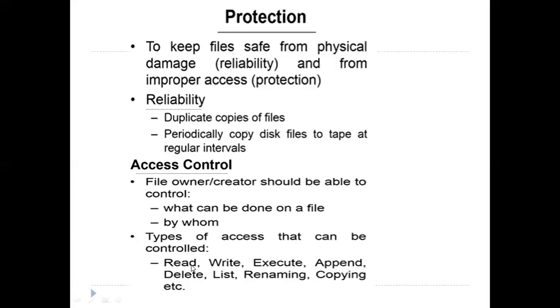I can give read, write, execute, append, delete, list, rename, copy, and so on. These are the various operations that can be performed on a file, and these are the different kinds of access I can give onto a file.